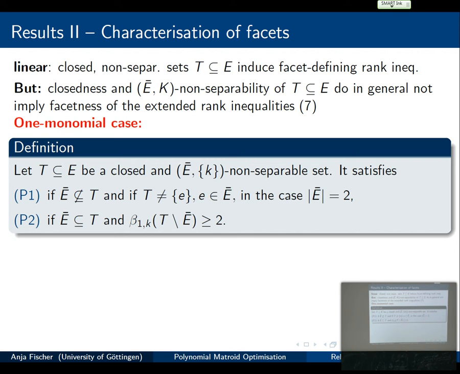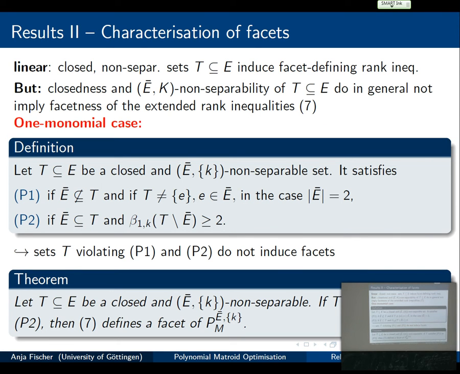Therefore you need this. But if you have this, then in our one monomial case, you really have a complete characterization of your facet structure. So just extending the results from the Matroid case to a Matroid plus one additional monomial.